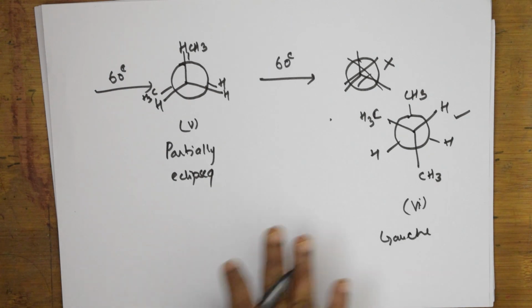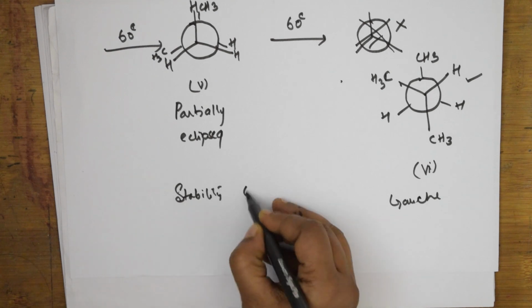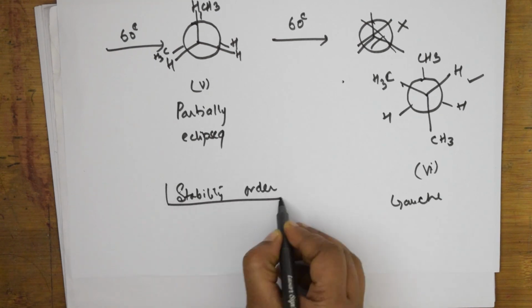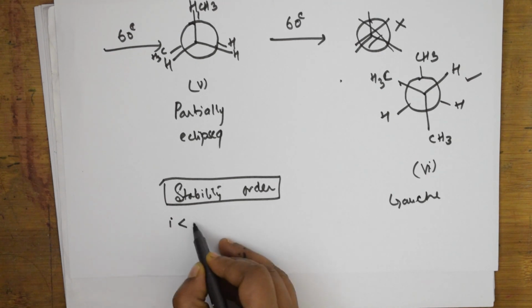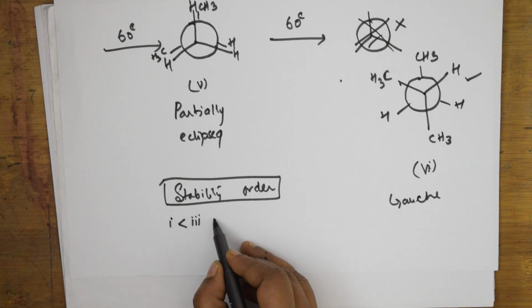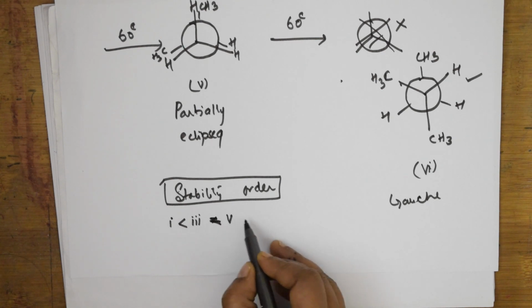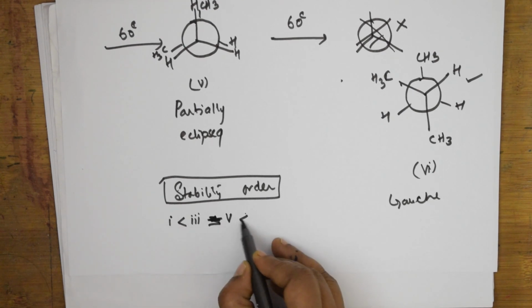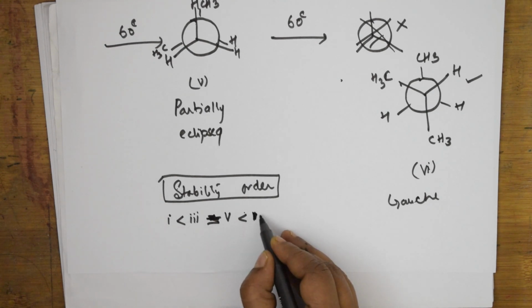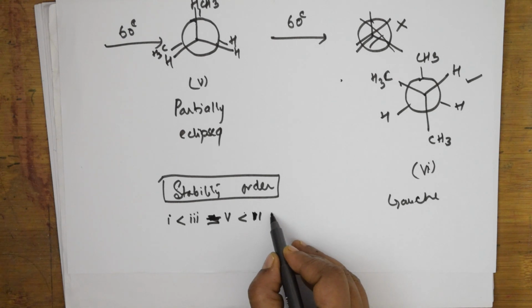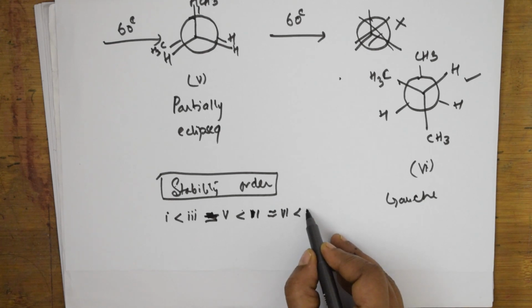Right students? Now let us write the stability order for this. For the stability order, 1 is less stable than 3. 3 is almost equal in stability with 5. 5 is less stable than 2. Then 2 is almost equal to 6, which is less than 4.